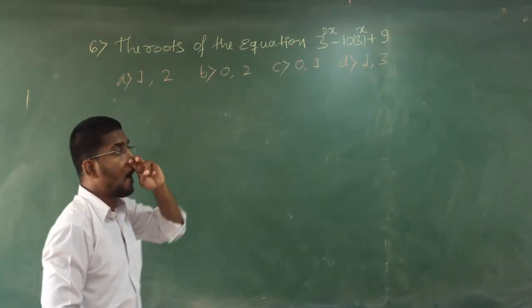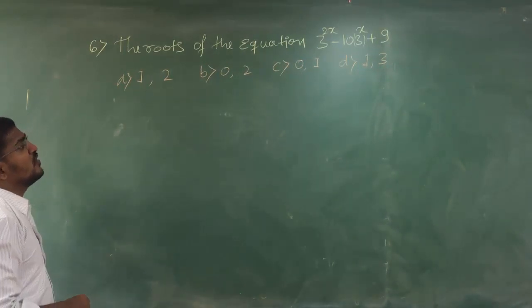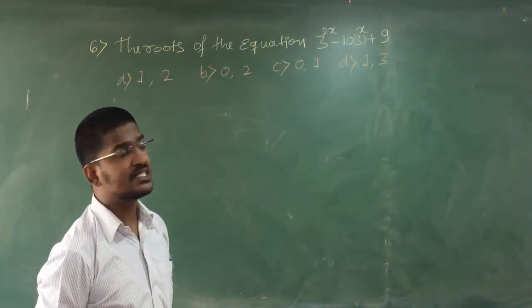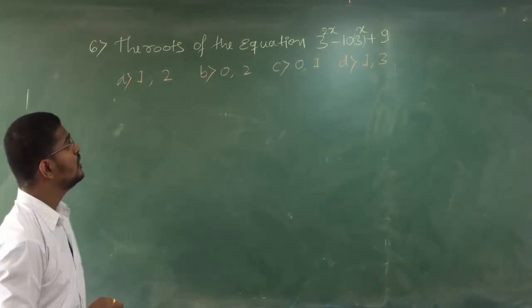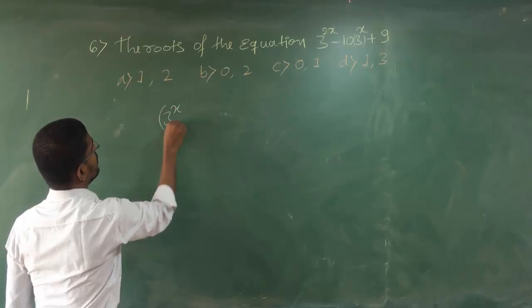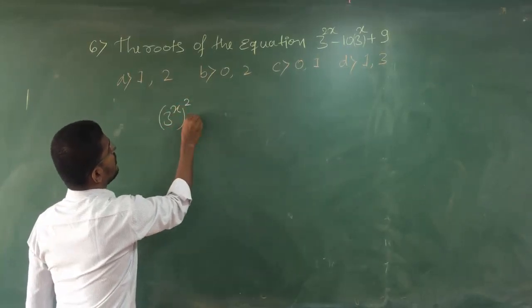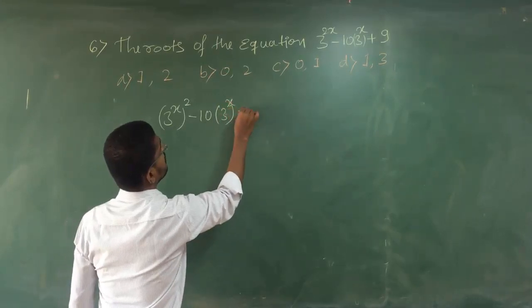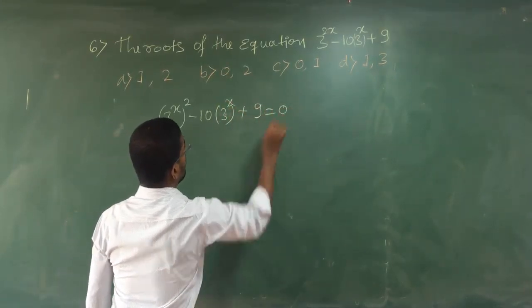Clear students? Okay. So to solve 3 to the power of 2x minus 10 into 3 to the power of x plus 9 equal to 0, that can be written as (3^x) whole square minus 10 into 3 to the power of x plus 9 equal to 0.